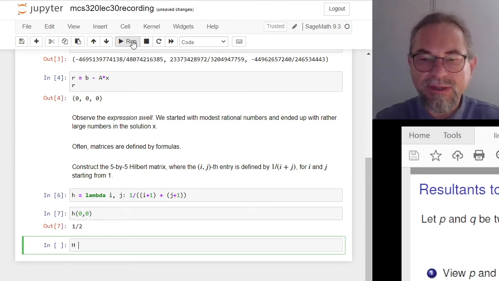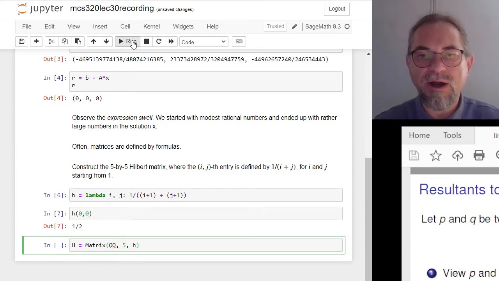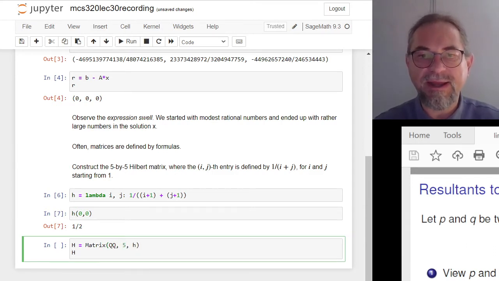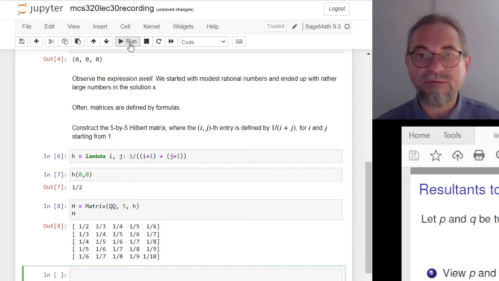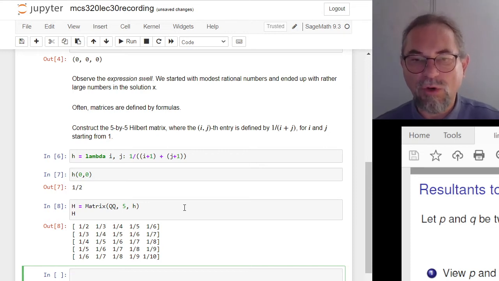So my Hilbert matrix is now defined as a matrix over the rational numbers, where I provide the h as a last element. So I indicate that this is a matrix of rational elements. It's a 5 by 5 matrix. If you would like a 5 by 4 matrix, then one needs to provide a second argument. By default, if there's only one dimension given, then the matrix is square.